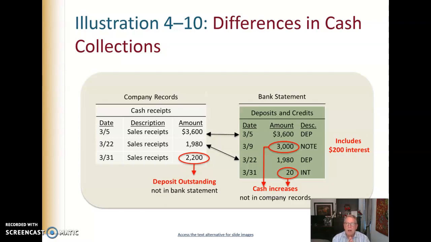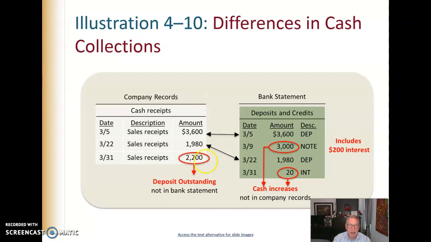Here, the company records these cash receipts, and we look down here, and we find that we have a sales receipt here that's not on the bank statement. That's a deposit in transit or a deposit outstanding, and that we're going to fix on the bank side.